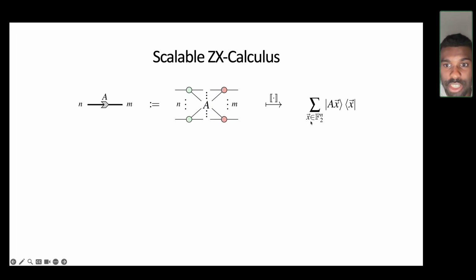Under the interpretation of x as a vector in F2 to the n, this matrix-vector product, A times x, is well defined. And if we consider the map that sends each x to A times x, that extends to a linear map on the whole qubit space. And we will want to implement these maps for reasons that will become clear in the next section.